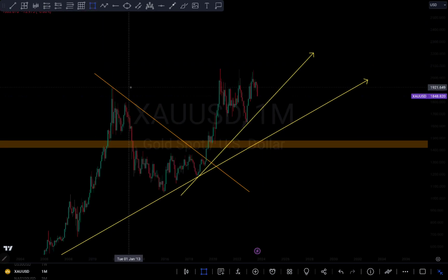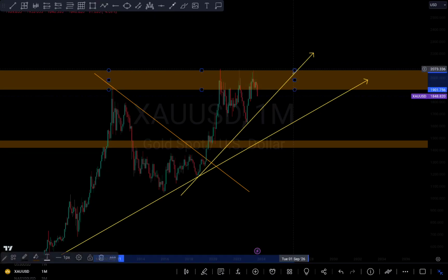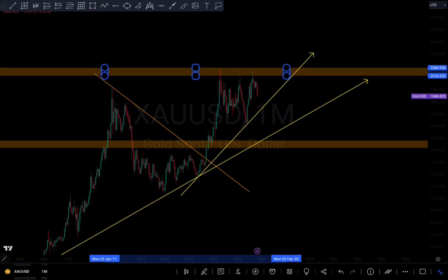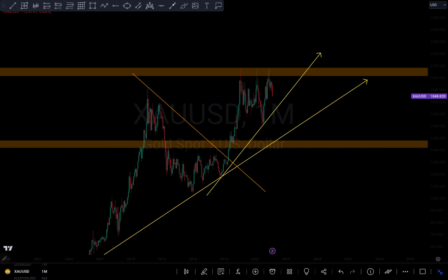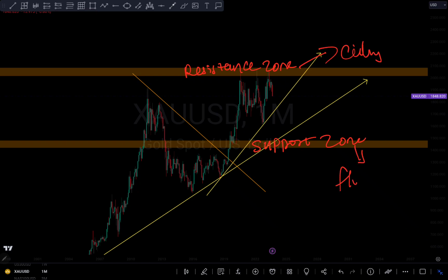You can also put another one right around here. This right here is the support zone. This is the resistance zone. You can see this is the ceiling and this is the floor.